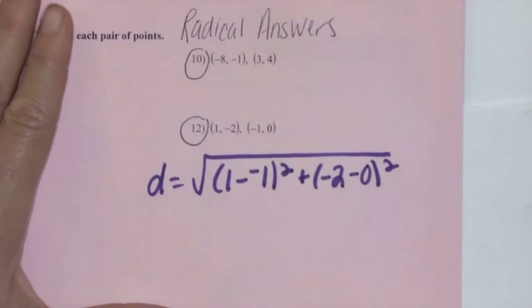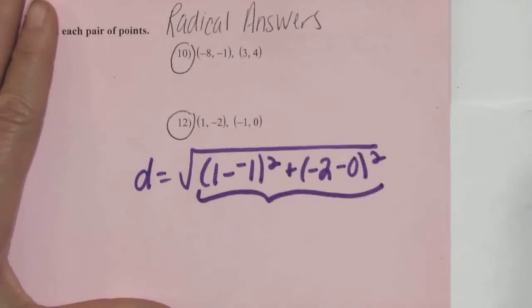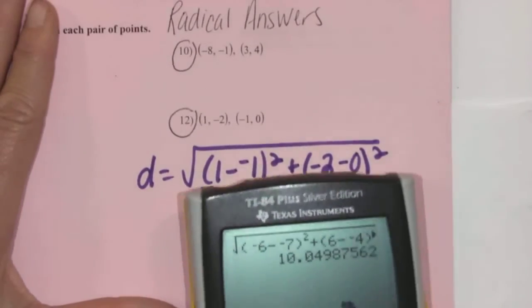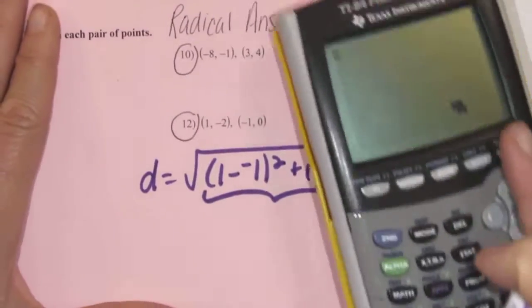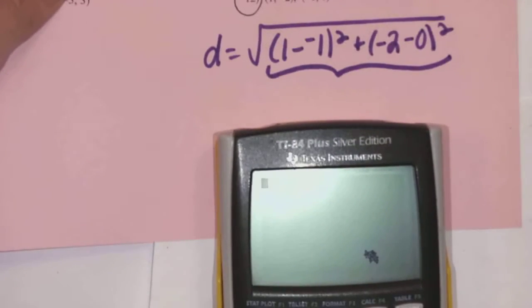If somebody wants a radical answer, that means type in just what's underneath the square root. So I'm going to type that in, 1 minus negative 1 squared plus negative 2 minus 0 squared, and I get 8.